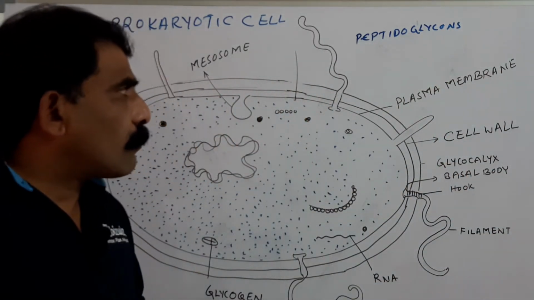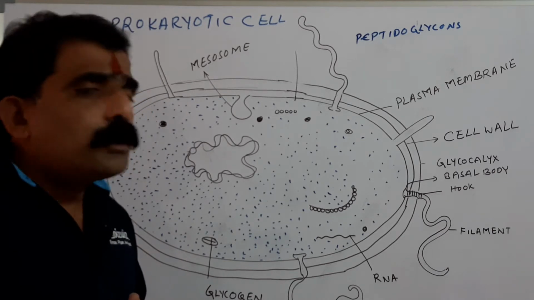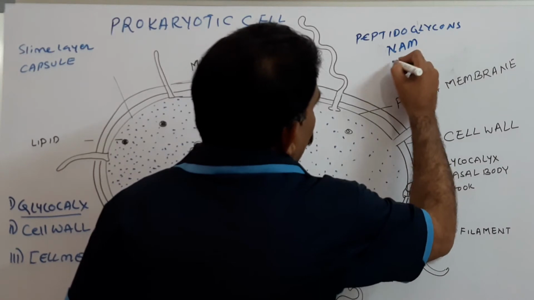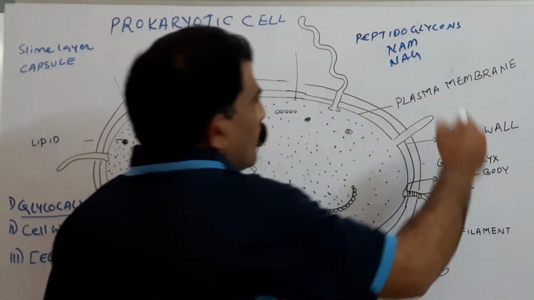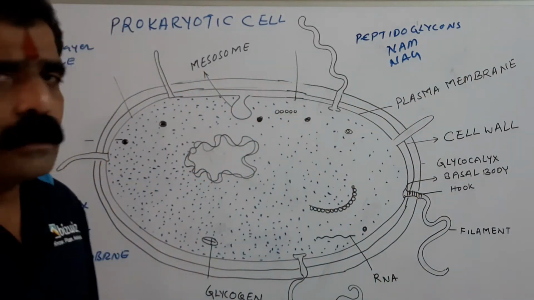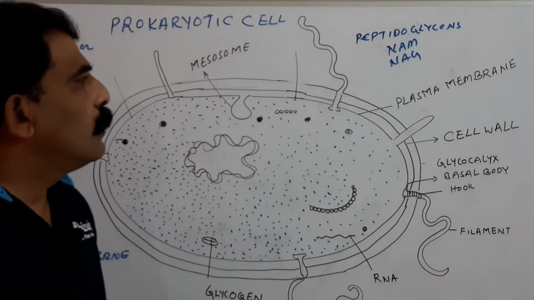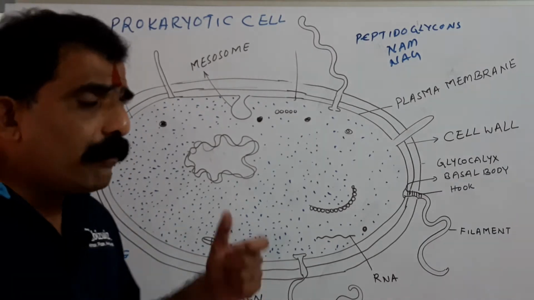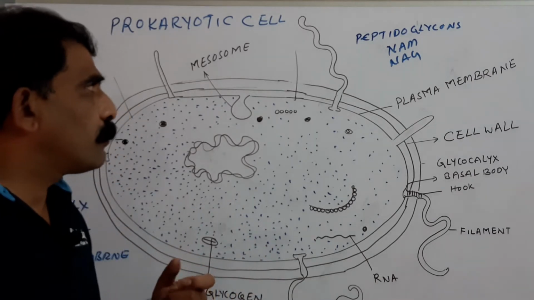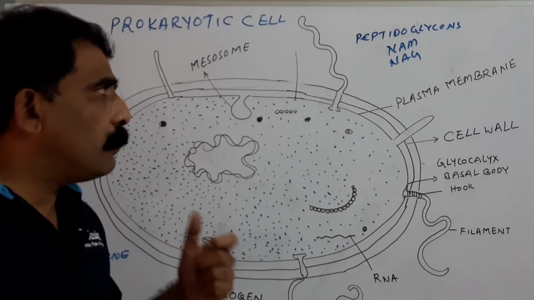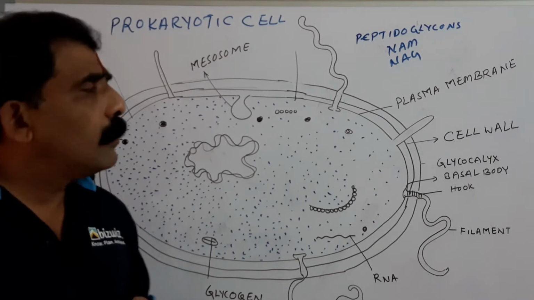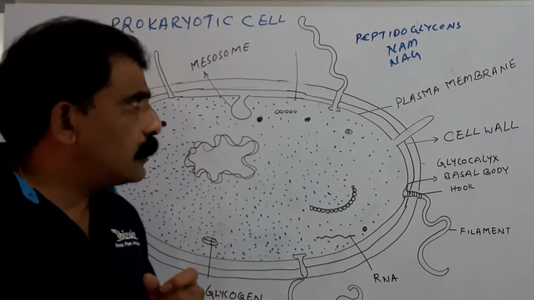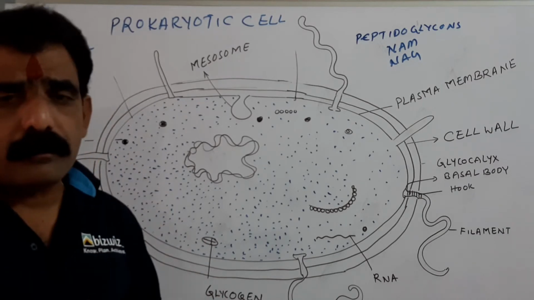Peptidoglycans consist of two subunits known as NAM and NAG: N-acetylmuramic acid and N-acetylglucosamine. These are derivative sugars, amino sugars, that are the subunits present in the peptidoglycans. So, peptidoglycans are the cell wall components of the bacteria.